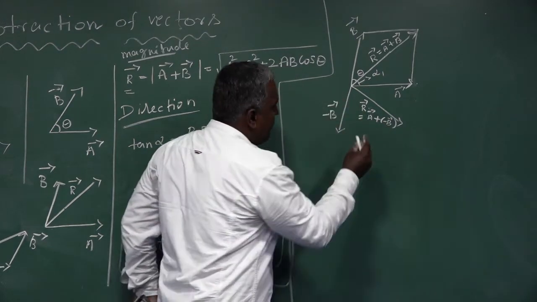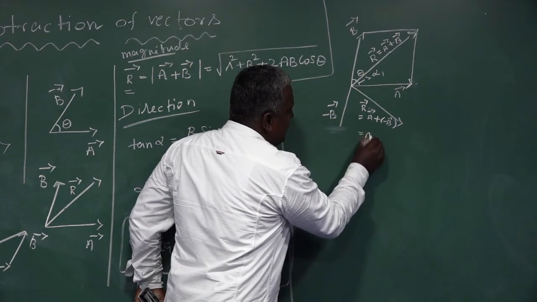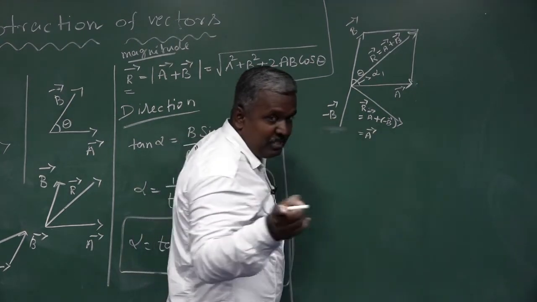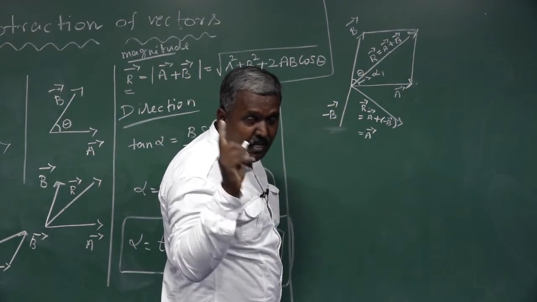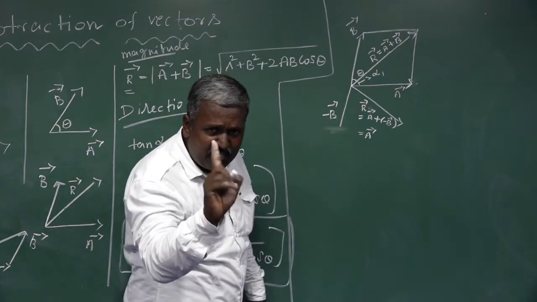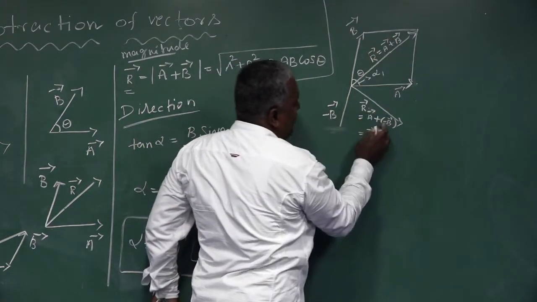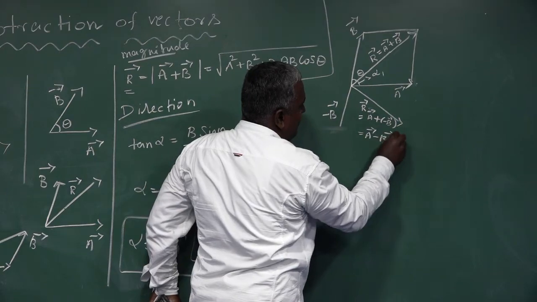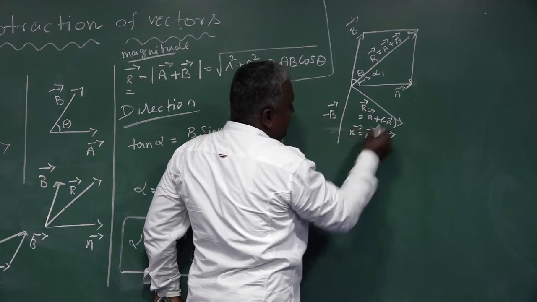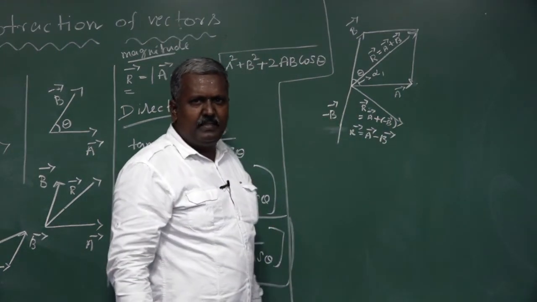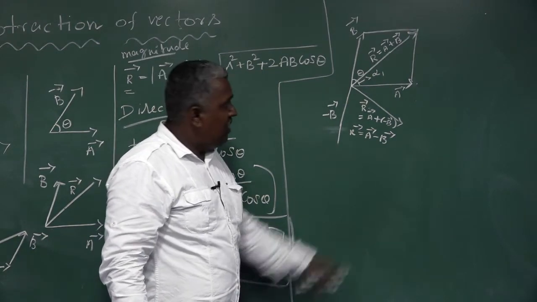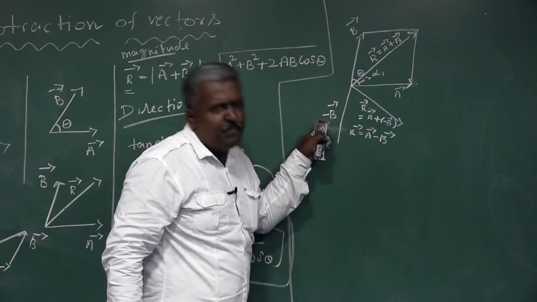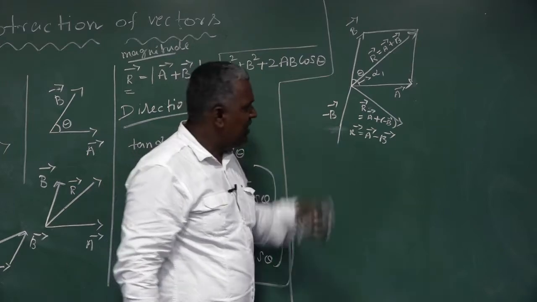Clear? Therefore, we can write it as A vector. Already told you just now, there is a small difference between addition and subtraction of vectors, only plus and minus. So that's all. This is the resultant vector of A vector and minus B vector. Clear?